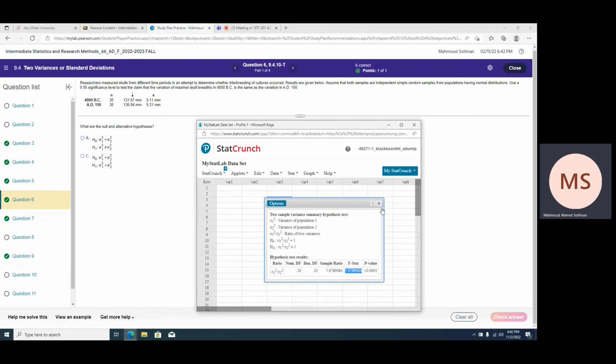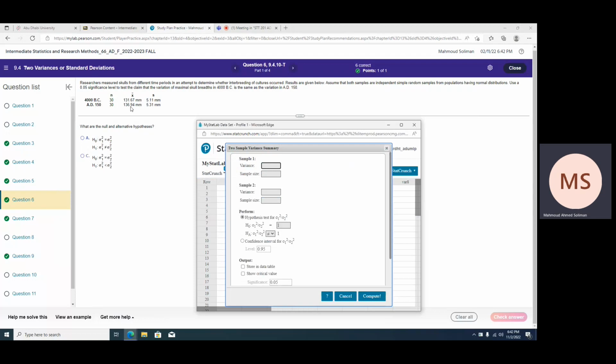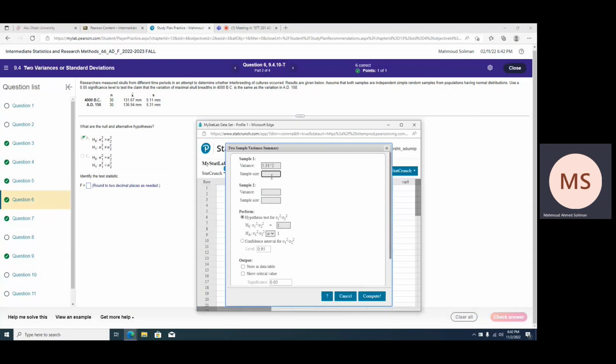Okay, so let's do Chapter 10. So variance, two samples, summary. Okay, so the bigger S goes first. 5.31 over 2. Wait, let's do the test first. Claim that it's the same, so not equal. Sample size 30 and 5.11 over 2, 30, 30.